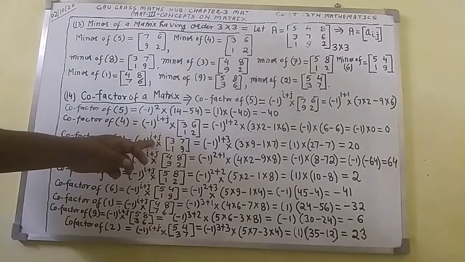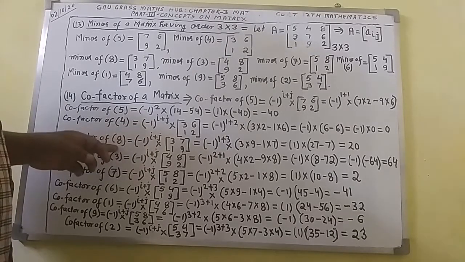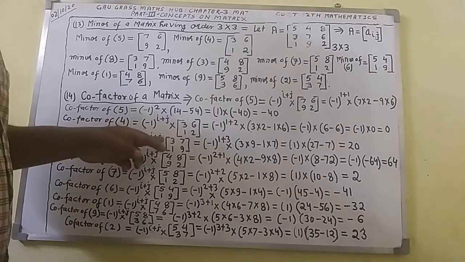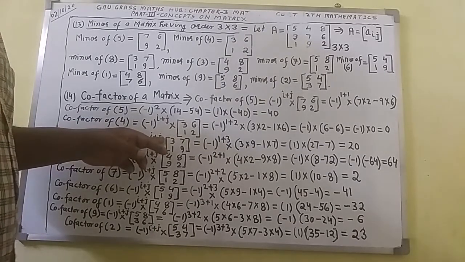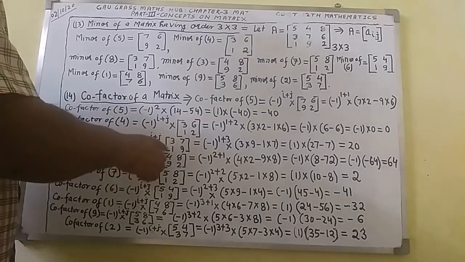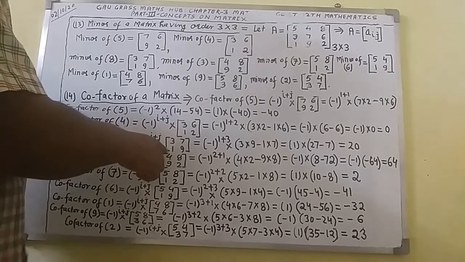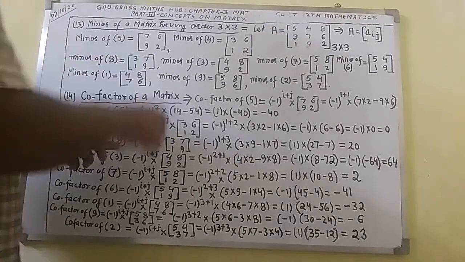Here i represents the row position of element 8, and j represents the column position of element 8, into the minor of element 8. The minor of element 8 is the determinant 3 7 1 9.